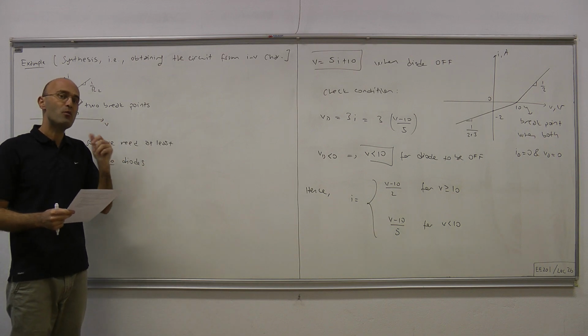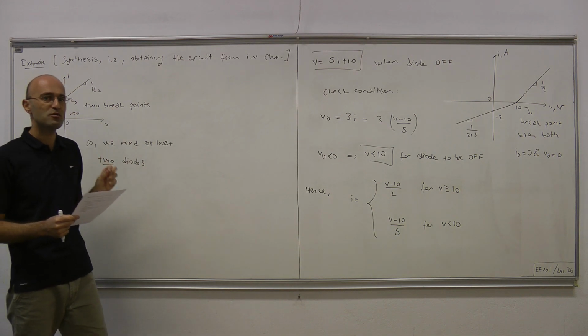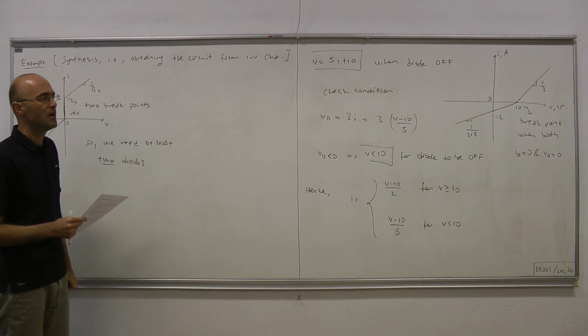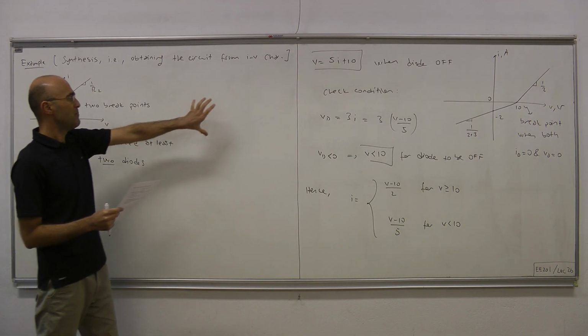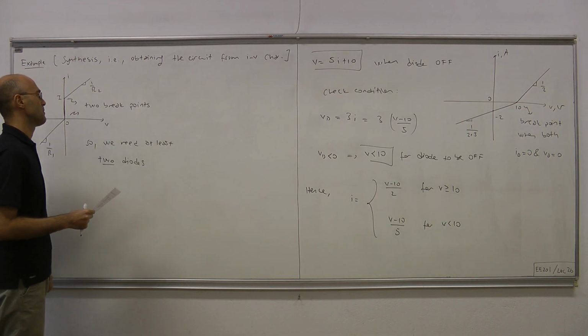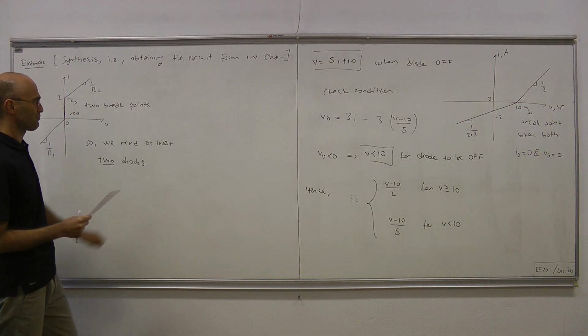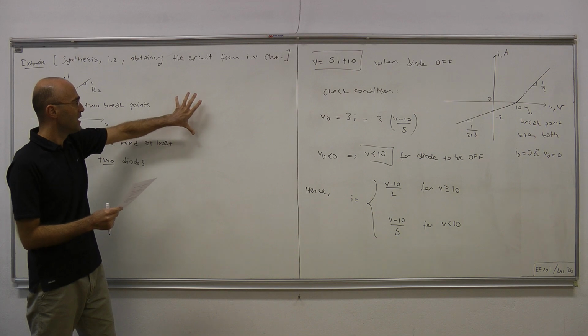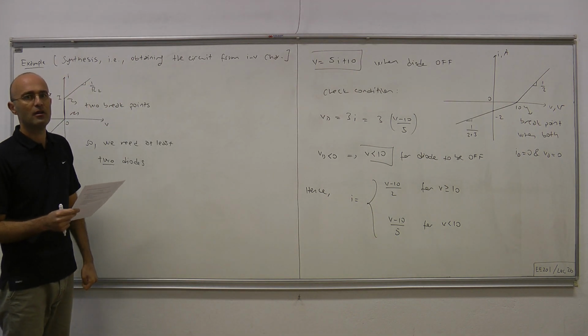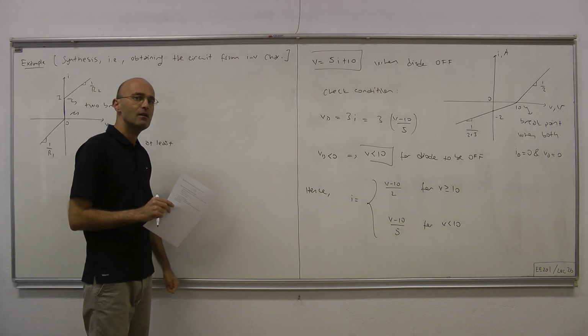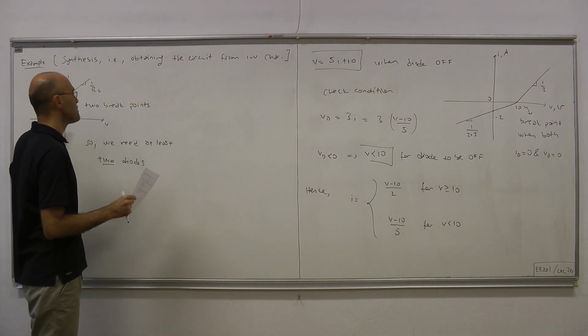And remember that we have 2 types of summation. One is parallel summation, the other is series summation. Being careful about whether we're doing parallel or series summation, we combine the one port coming from one of the curves with the one port coming from the other curve, either in parallel or in series, and then we obtain the result.